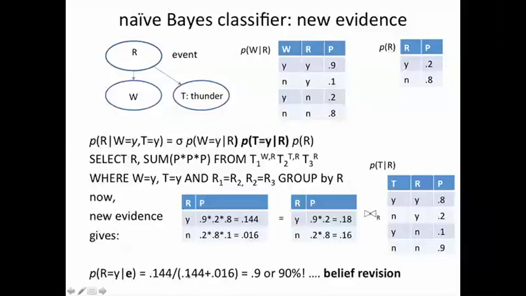In a sense, our belief has undergone a revision from the earlier value of 53% to 90%. So new evidence has changed our belief. In classical logic, once you asserted that, say, rain occurs or doesn't occur, you can't change your belief. But in probabilistic reasoning, belief can be revised. It's very important.